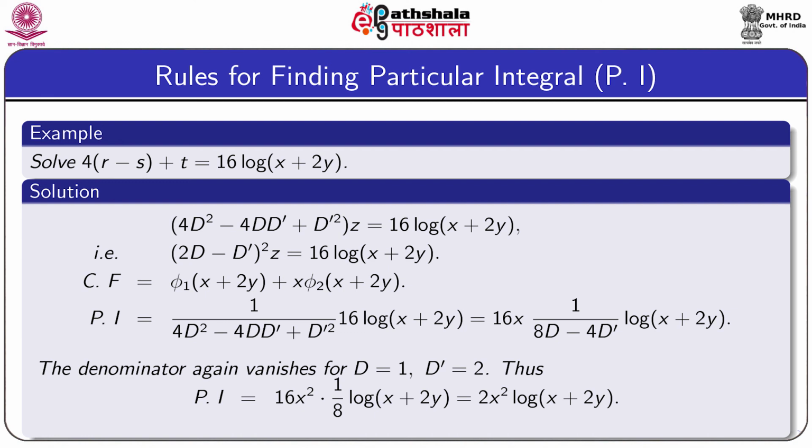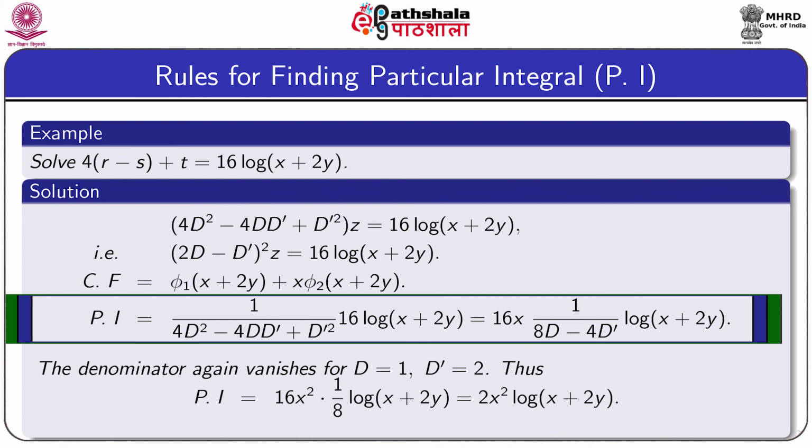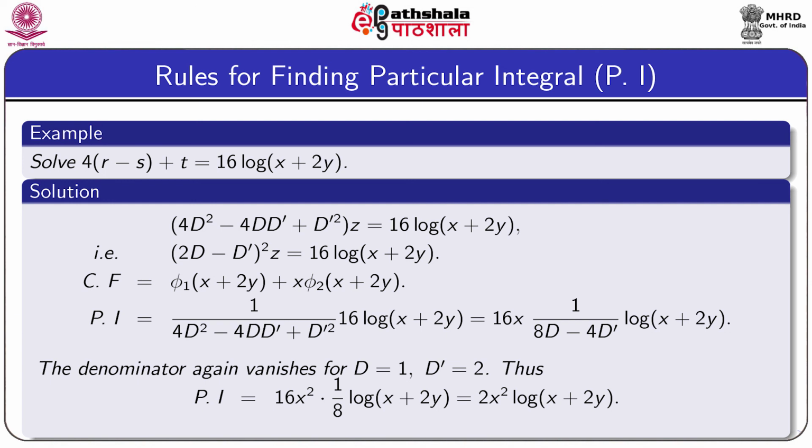Now, the particular integral becomes 1 by F(D square minus 4 D D dash plus D dash square) operating on 16 log(x plus 2y).